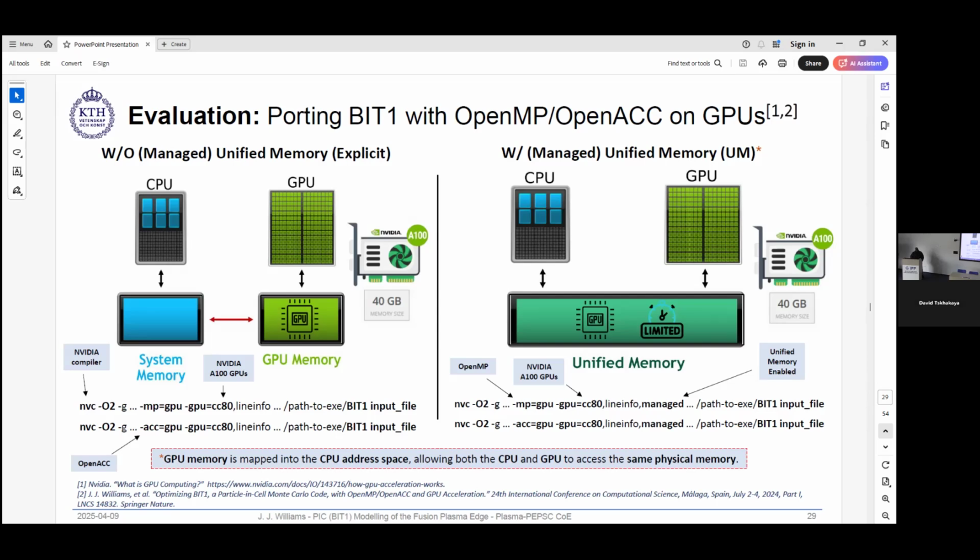But what we wanted to see is whether it's a little bit faster using unified memory, based on using the GPU memory in this case. But you don't get this, correct? With unified memory, you will have overhead. That's automatic for sure.